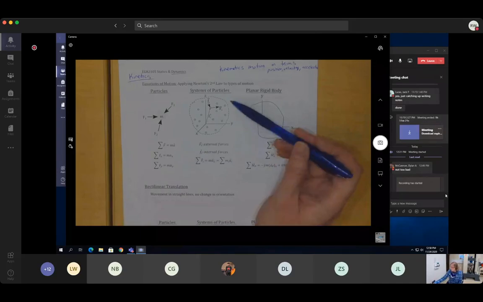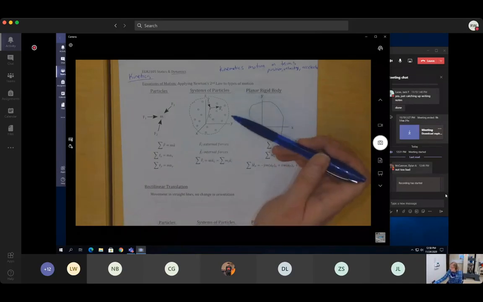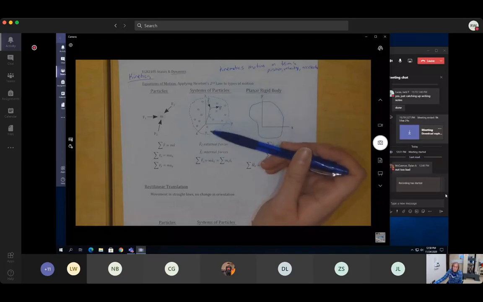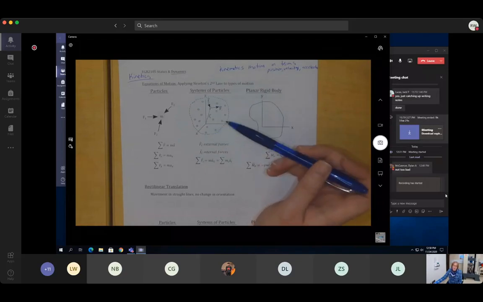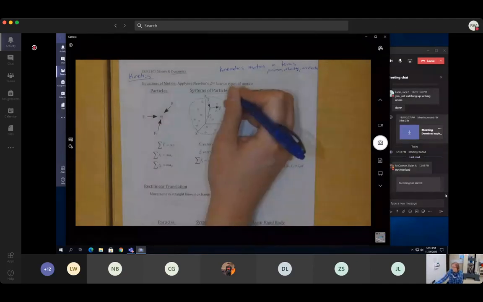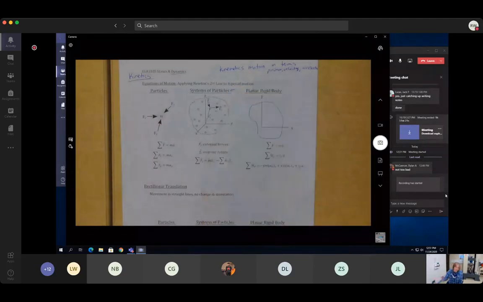And then for our systems of particles, we're looking at multiple things that are all moving in a system. And our system might be many particles like this, or it might be 2 or 3 that we're looking at and considering to be a system. So when we get to collisions, we'll be doing a lot of looking at systems of particles, which might mean 2.